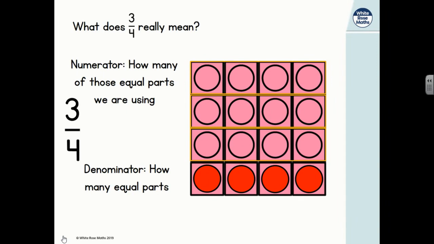You might like to get 16 counters or 16 pieces of Lego or 16 anything. And then we just want to put them into 4 equal groups or groups of 4. And then we want 3 out of those equal groups or 3 out of your group of 4. Let's have a go at that.